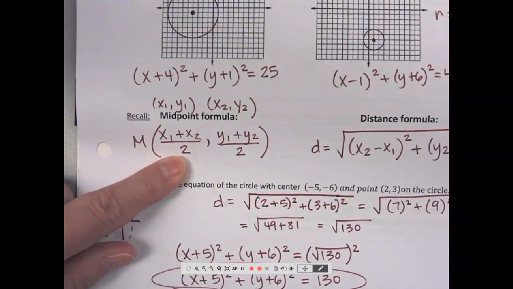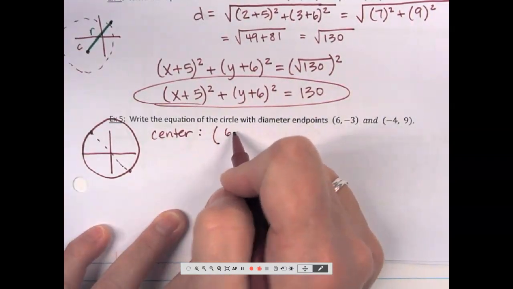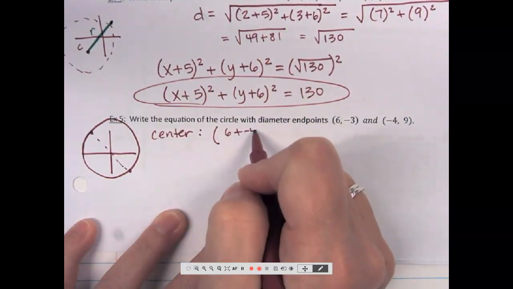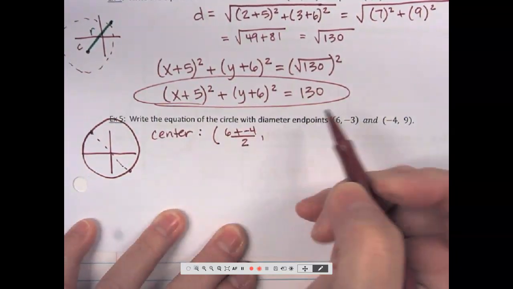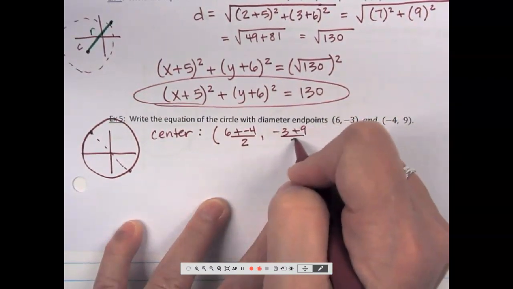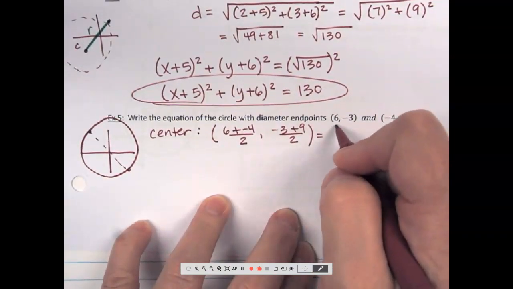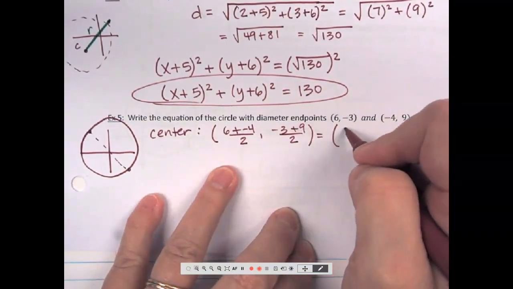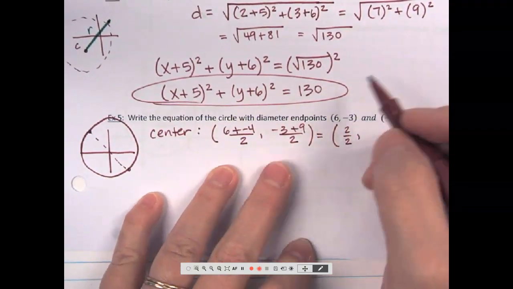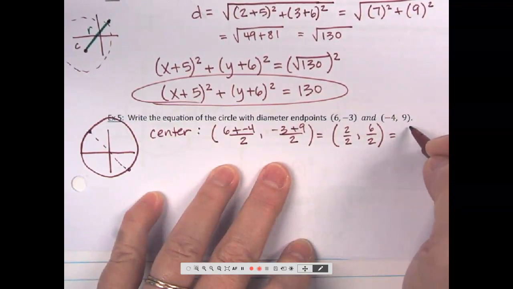We're averaging x's, averaging y's. 6 plus negative 4 divided by 2. Negative 3 plus 9 divided by 2. Okay, so that gives me 2 over 2, comma, 6 over 2, which gives me 1, 3.